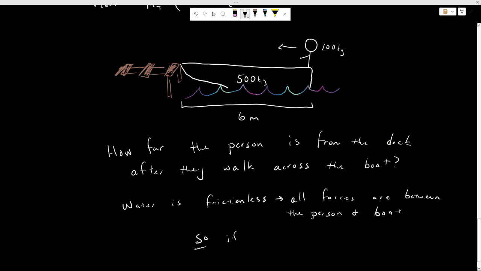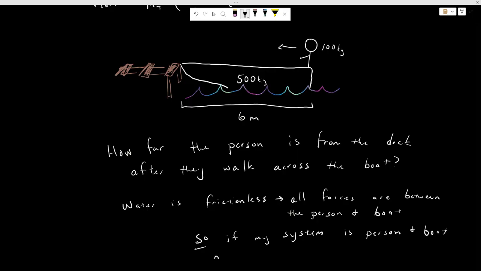So if my system is the person in the boat, then all forces are internal. Right?